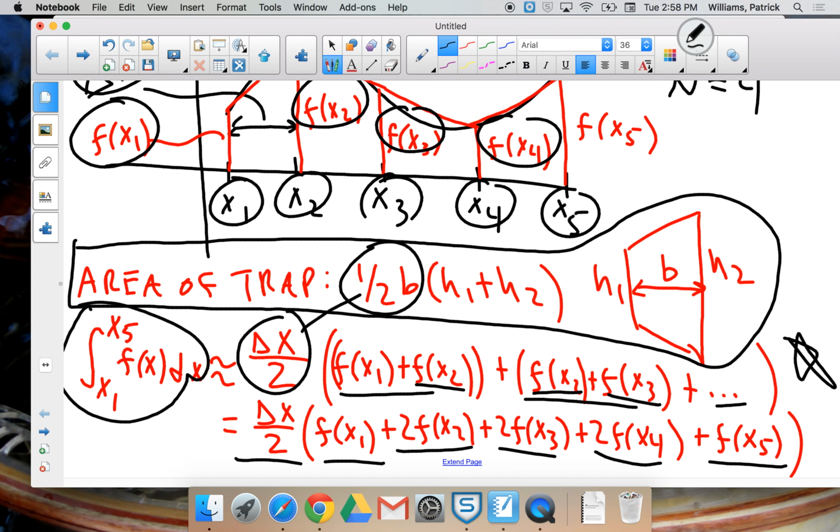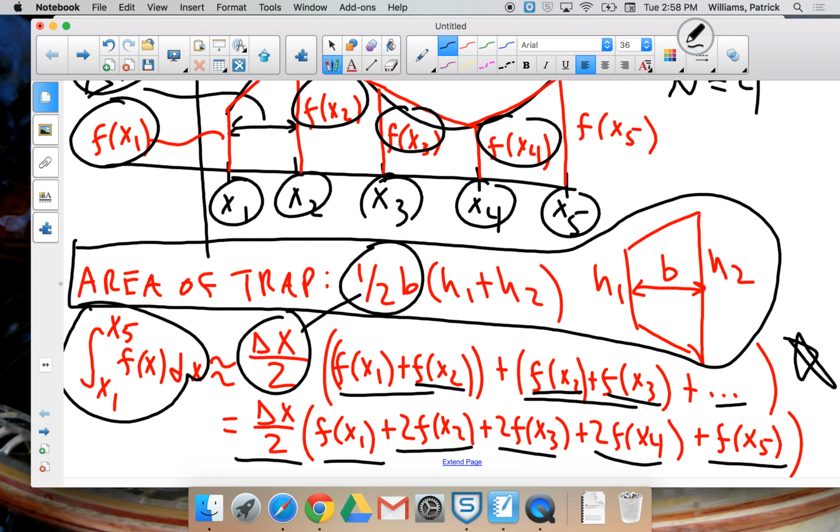But I would probably advise against trying to memorize this formula. If you want to memorize it, that's fine, it won't hurt you. But if you just know what the area of a trapezoid is and you just stick to, I want to calculate the areas of 4 separate trapezoids, and if you know how to calculate the 2 heights or the 2 sides of those trapezoids and you know how to calculate the base, then you can just think of it as an exercise in just calculating areas, and you don't really have a formula you need to memorize. But to each their own, do whichever way you would like.